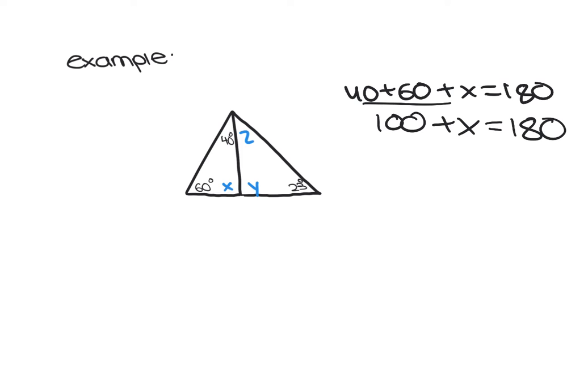We can subtract 100 from both sides, and we are left with x equal to 80. With this, we can substitute 80 degrees for angle measure x.